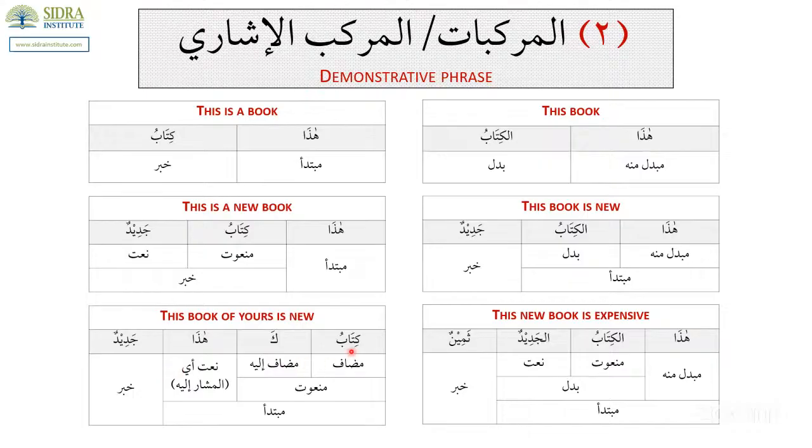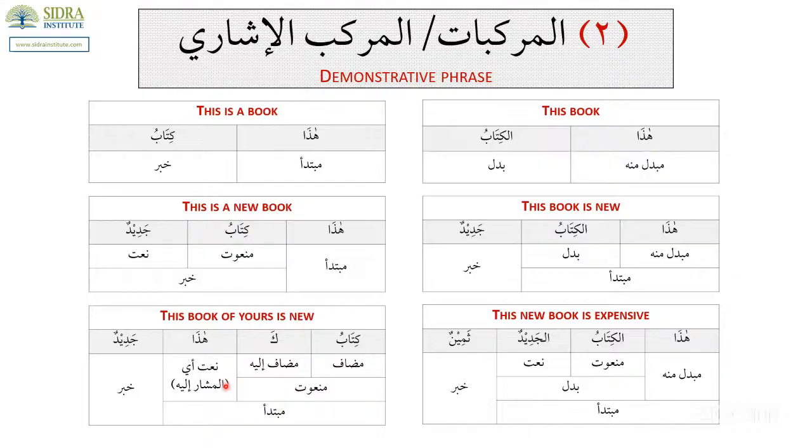So kitab, let's break this down. Kitab is mudaf. The kaf is mudaf ilayh, so your book. We have the man'ut. Now we've mentioned the demonstrative pronoun which serves as the nat. Your book, which has been indicated to, al-musharu ilayh. So hadha will be in the meaning of al-musharu ilayh, and that will be the nat of kitabuka.